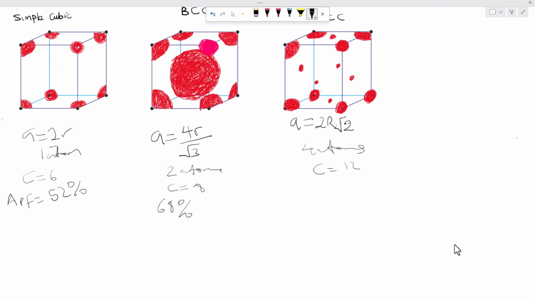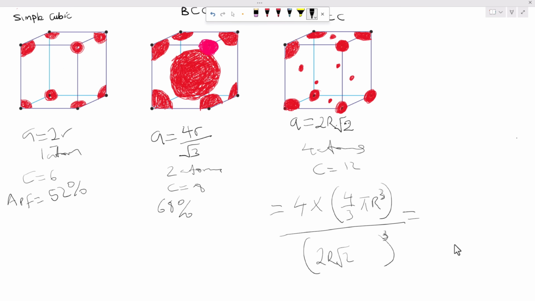Remember, it is equal to, we have 4 times 4 over 3 pi r cube over, open brackets, we have 2r root 2 cube, right?